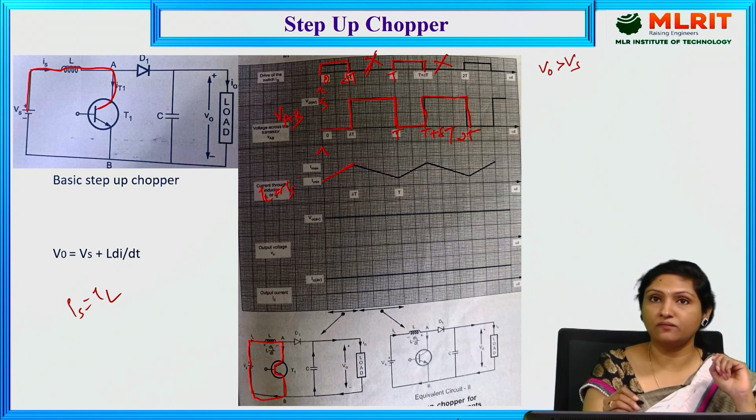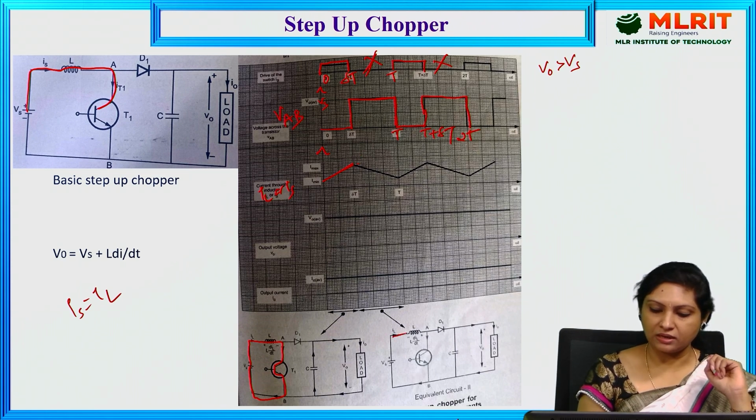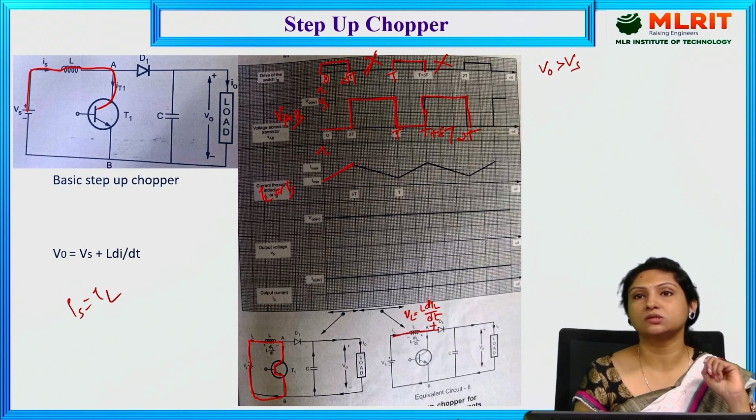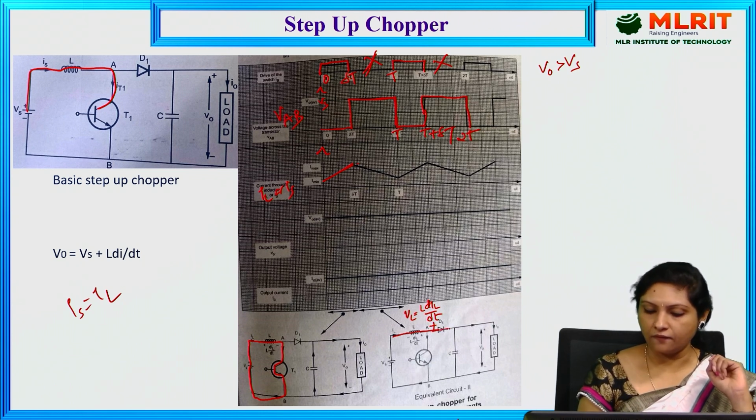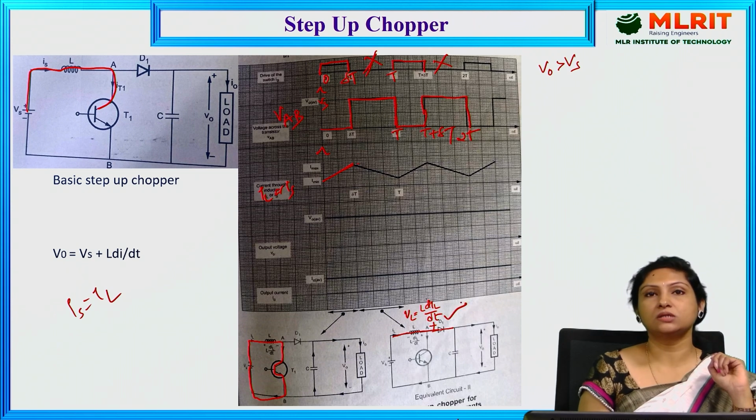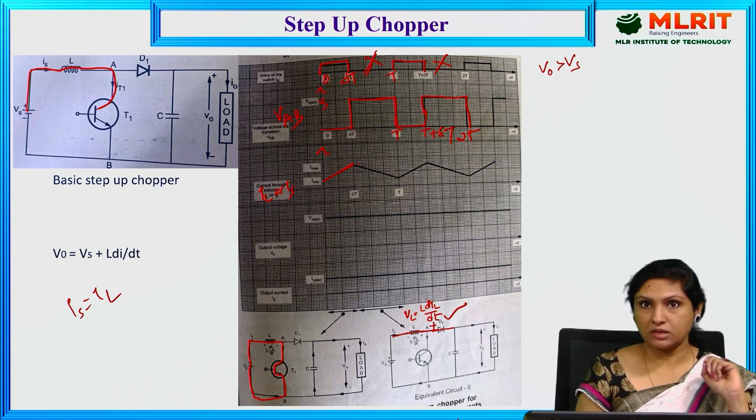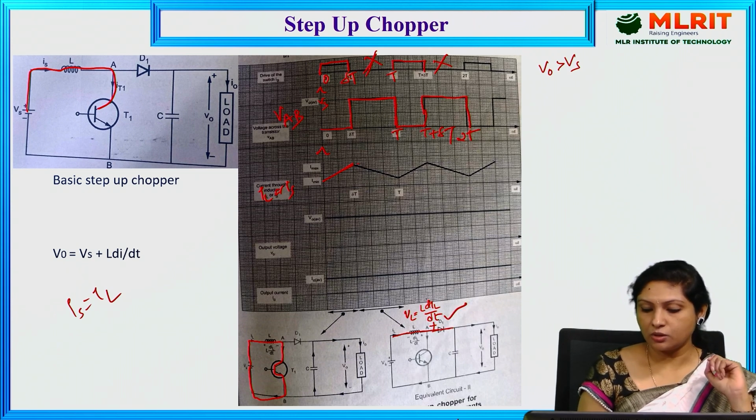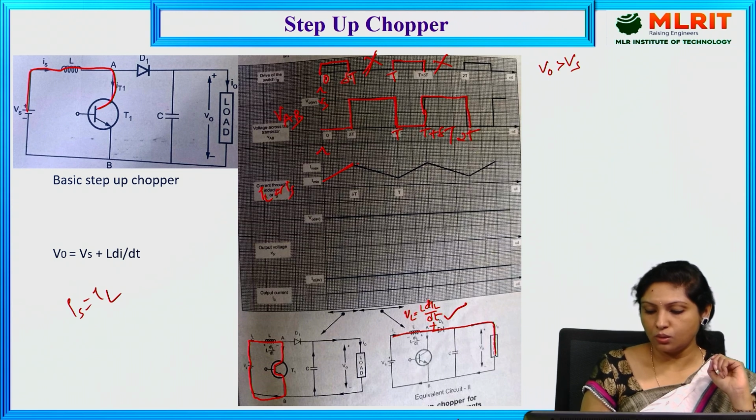And since we have withdrawn the base drive, the energy stored in the inductor appears as the voltage across the inductor, that is VL is equal to L into dIL by dt. This voltage keeps the diode in the forward biased condition, and that is how the diode drives the current through the load.